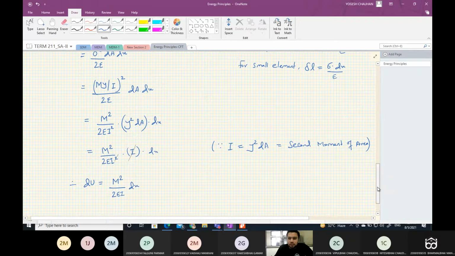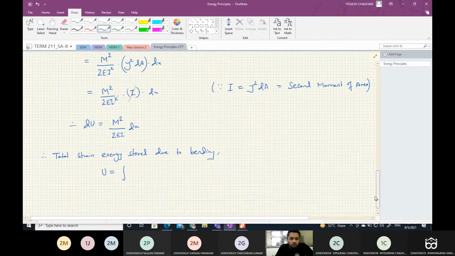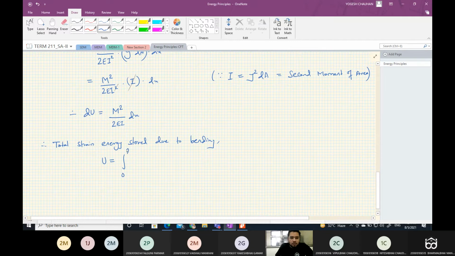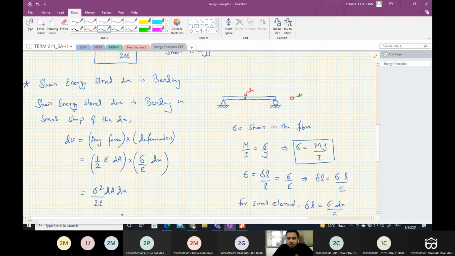Okay, so the total strain energy stored due to bending will be equal to U, which is equal to integration from 0 to L, because we have now found dU, the strain energy stored within this small element length.